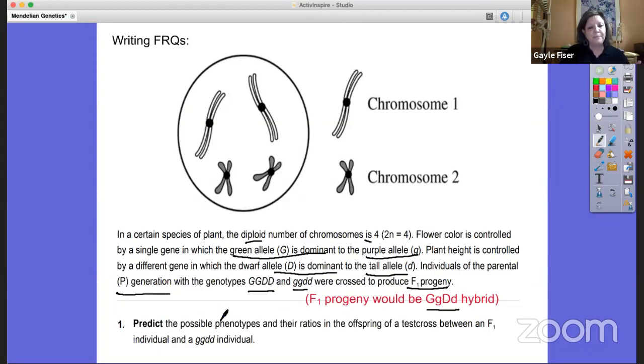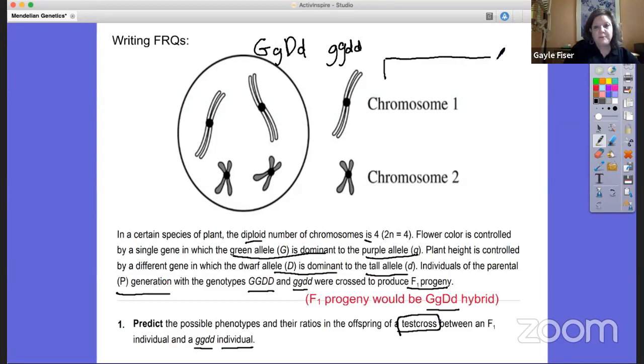Now predict the possible phenotypes and the ratios in the offspring of a test cross between an F1 individual and a recessive individual. I did this part of this question because I wanted to go over test cross with you. These are our parents, we're going to have this as one parent, and then we're going to test cross it with this.